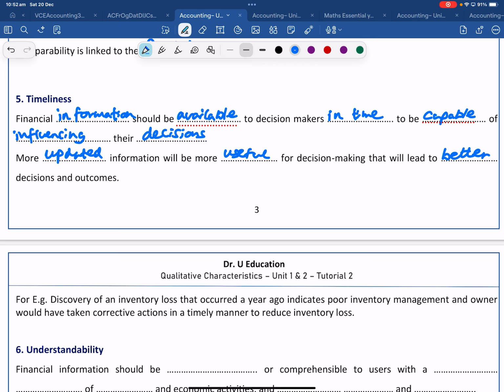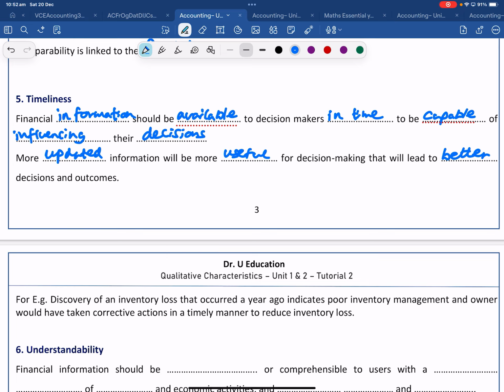For example, let's say you go to a doctor, and the doctor asks for a blood report. However, you say, look, I have a blood report from three months ago. What would the doctor say? Would the doctor use that one, or ask you to get a new one? A new one, because our circumstances have changed.